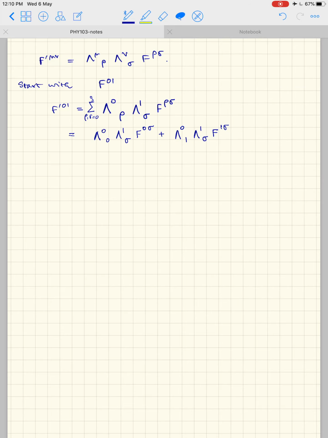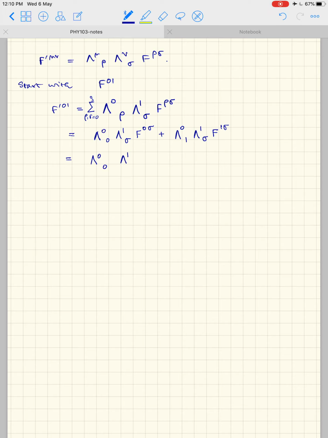Okay, so we are left with lambda 0,0 and lambda 0,1 here. Now we need to do the sum over sigma.